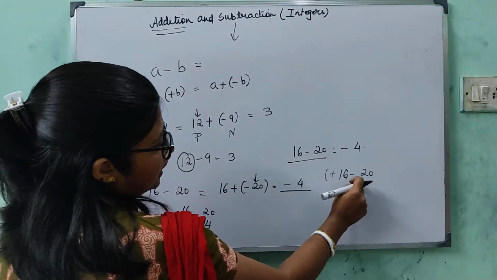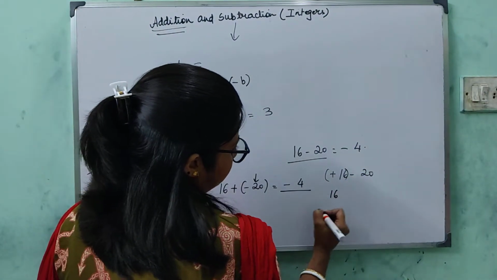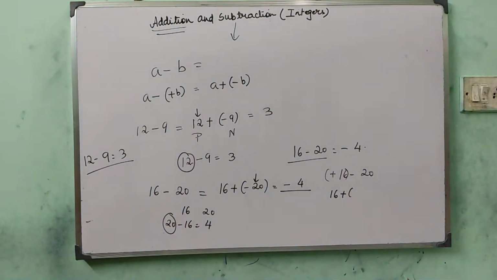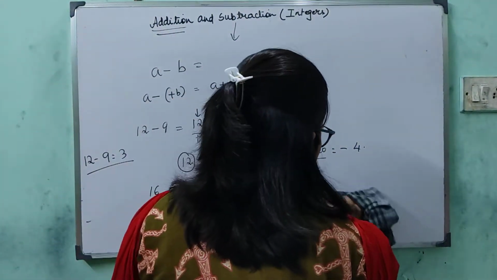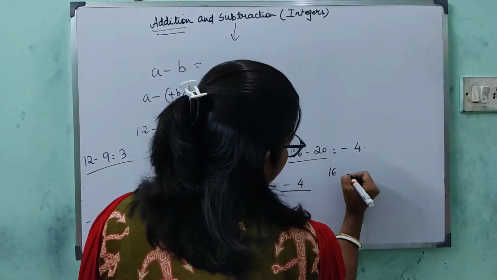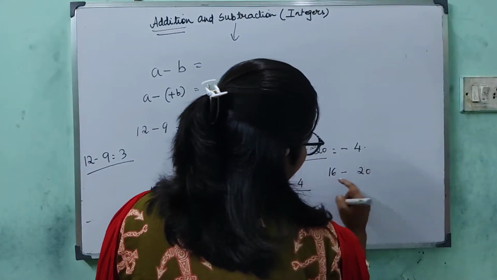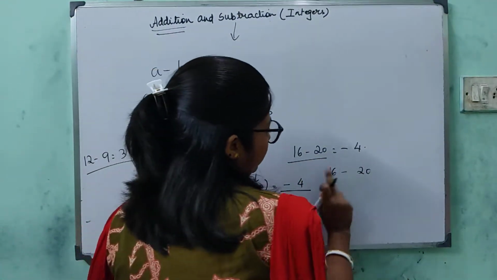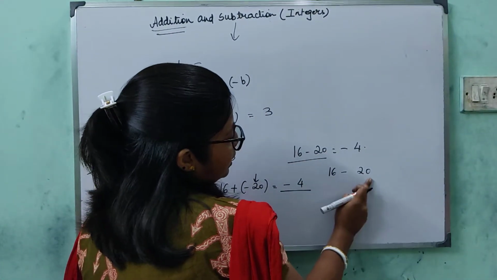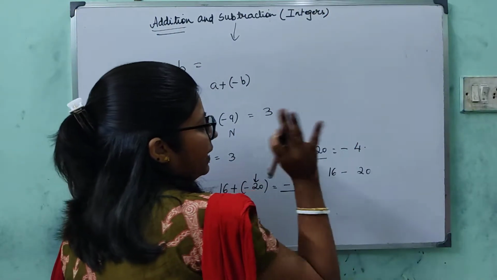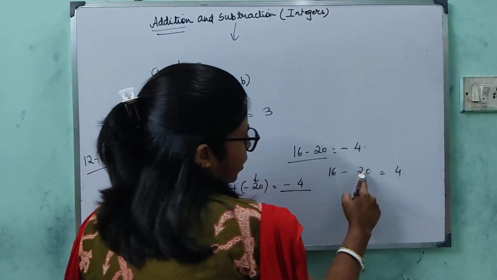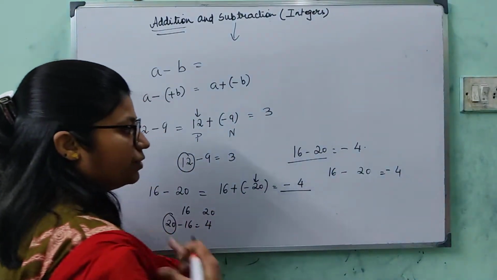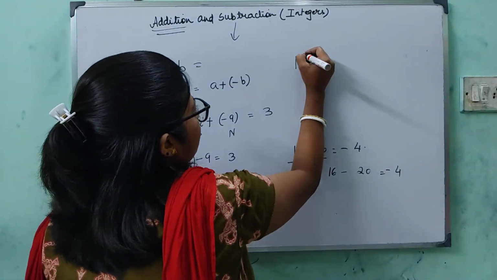So without doing so many steps, 16 and 20 are the two numbers. You first do 20 minus 16, that is equal to 4. Now what is the sign before 20? It is a minus sign. So put a minus sign over here.